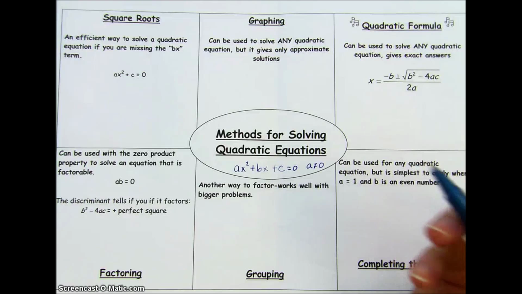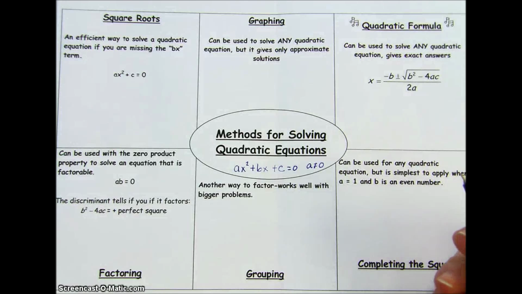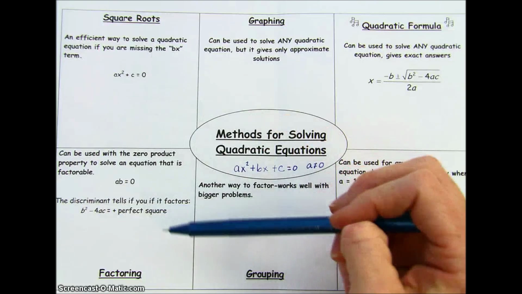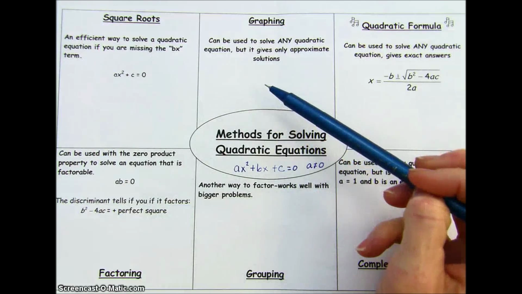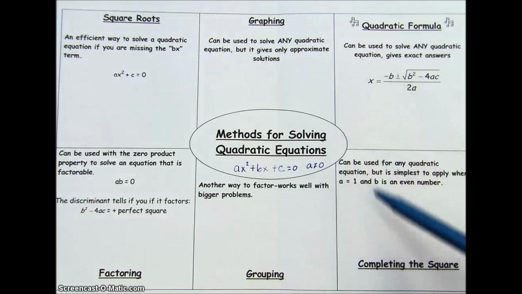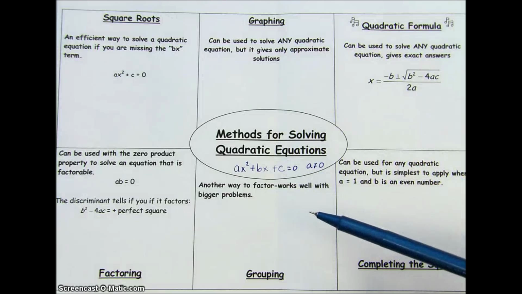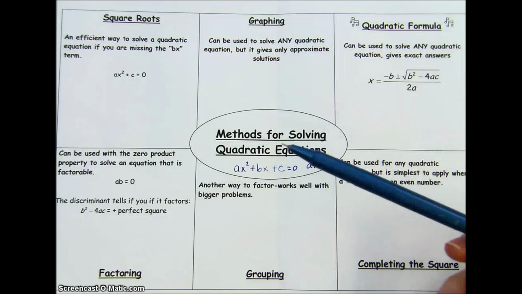There are several different methods of solving quadratic equations. We will be looking at square roots, factoring, graphing, the quadratic formula, and completing the square. You might be wondering, why do we need so many different methods to solve a quadratic equation? Well, the answer is simple.